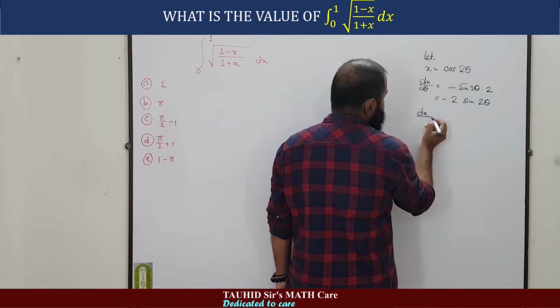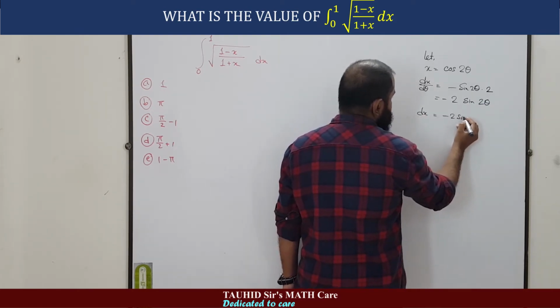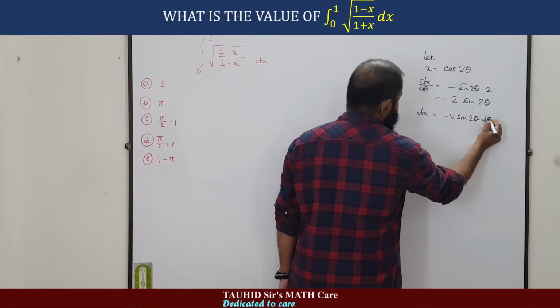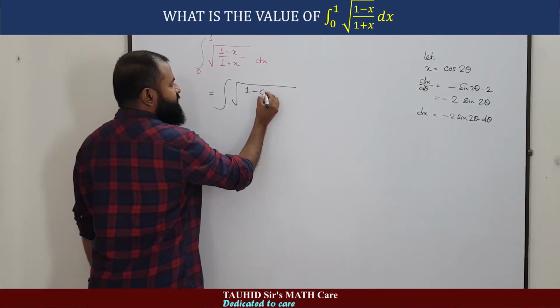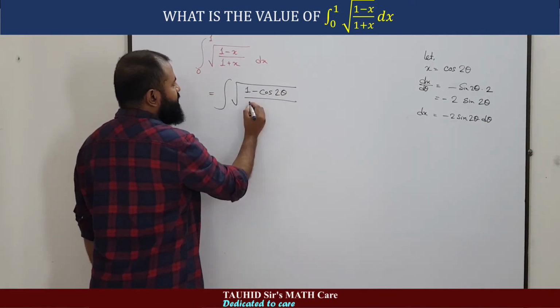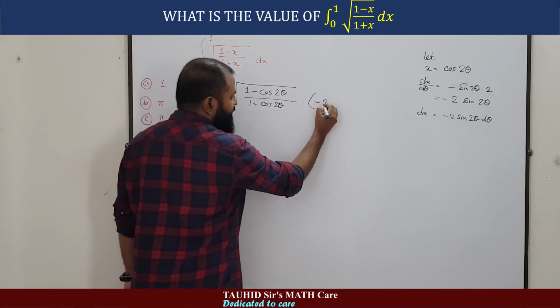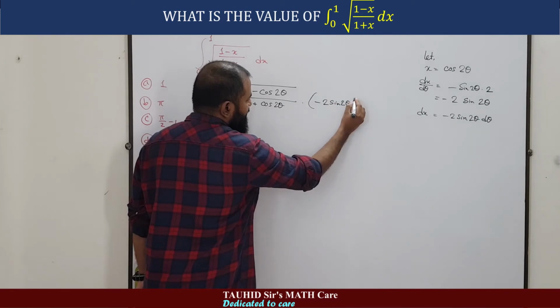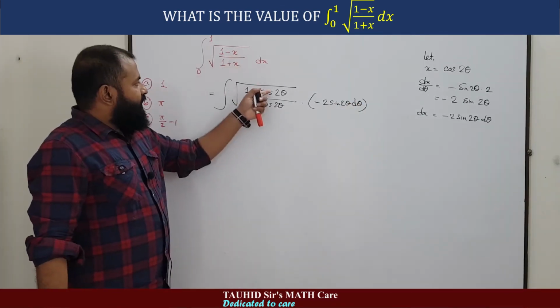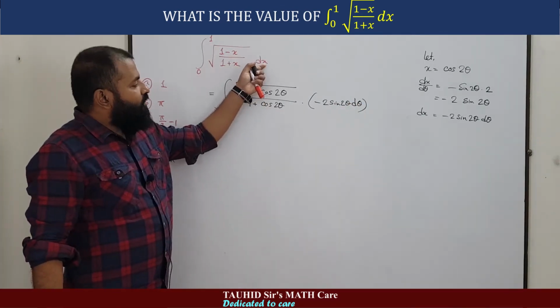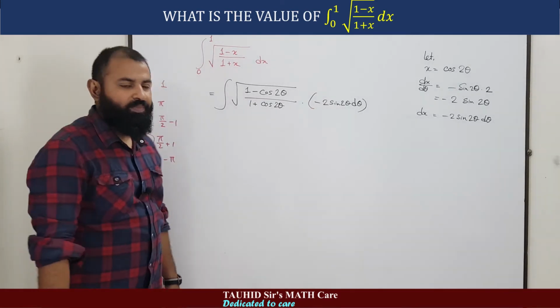Therefore, dx equals minus 2 sin 2 theta d theta. Now, 1 minus cos 2 theta divided by 1 plus cos 2 theta multiplied by minus 2 sin 2 theta d theta. We substituted x and we substituted dx here.